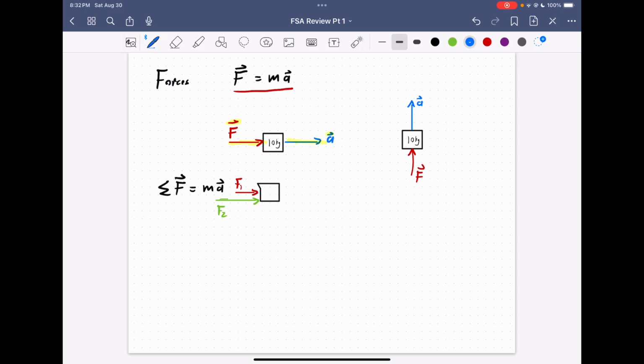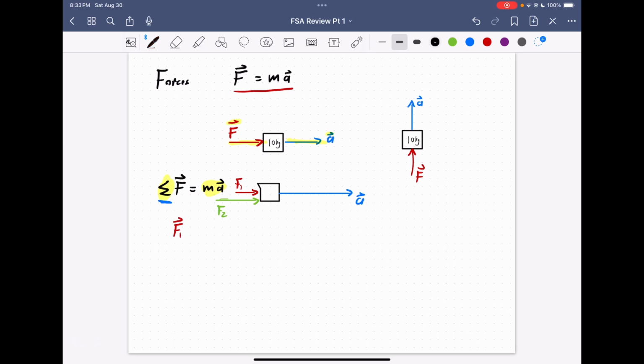Well, that means that the mass times acceleration is going to be equal to the sum of these forces. So it's going to be something very big, bigger than the acceleration above, because that was one force.